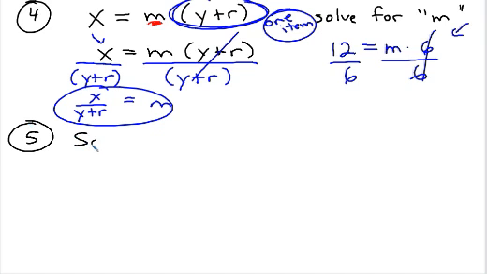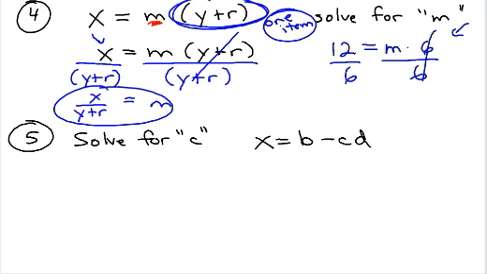Let's say we are asked to solve for C. And our equation is x equals b minus CD. If you ever get stuck or hung up on these problems, you can always rewrite the problem off to the side with some numbers in it.